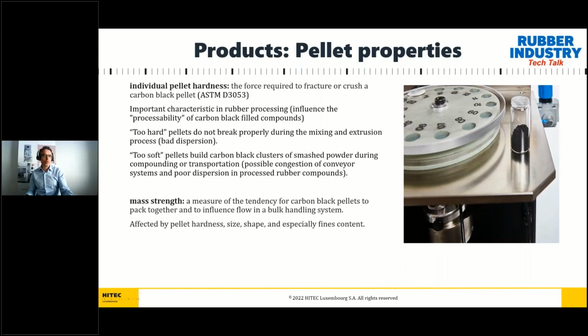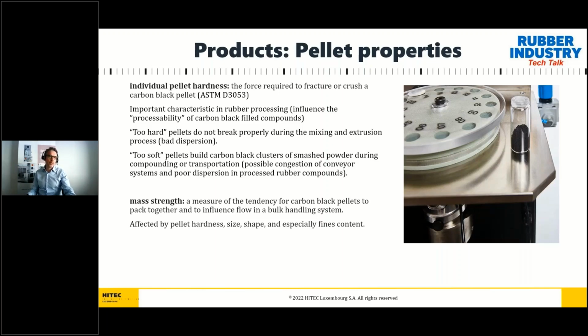When you have too hard pellets in your compound, they do not break properly during the mixing and generate a bad dispersion. And when these pellets are too soft, they can form carbon black clusters or smashed powder during compounding or transportation, possibly causing congestion of the conveyor system, and also in this case a poor dispersion in the compounding process.